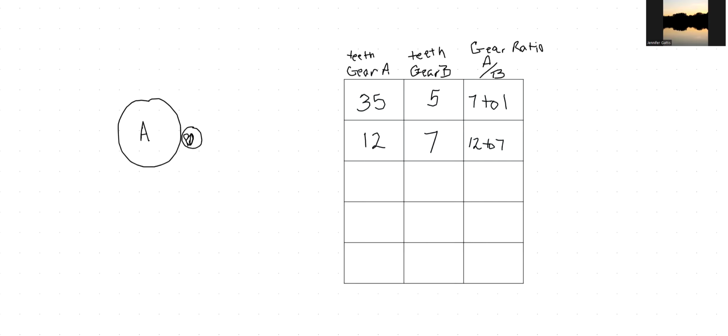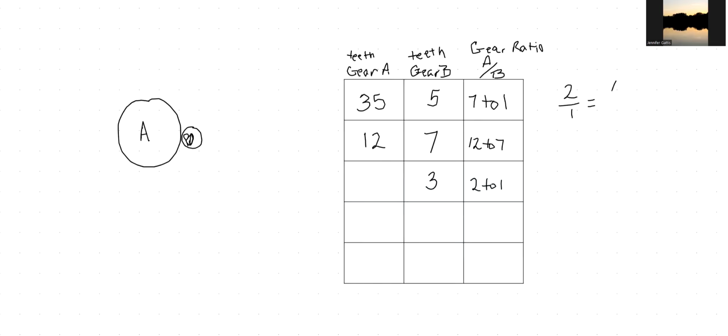Now, in our third example, we know the number of teeth on gear B, and we know that our gear ratio is 2 to 1. So we can set up an equal proportion, and we can say that 2 over 1 is equal to our unknown over 3.